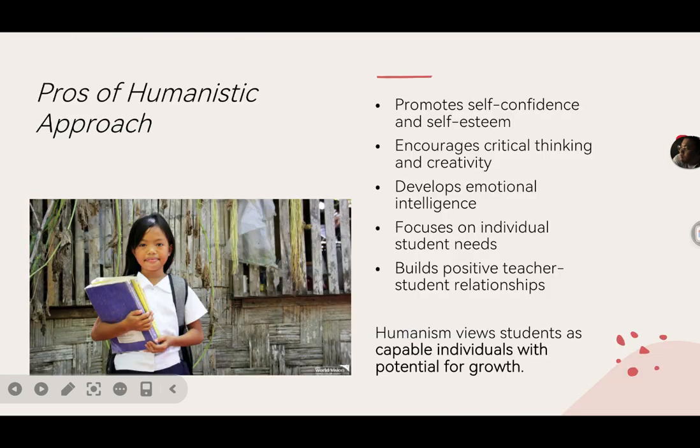So, there you go. For the pros of the humanistic approach, first, it builds self-confidence and self-esteem. It encourages creativity and critical thinking, develops emotional intelligence, and strengthens the teacher-student relationship. Once again, humanism views students as capable individuals with potential for growth, as in everyone, okay?